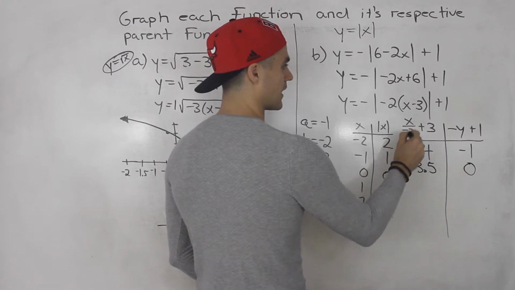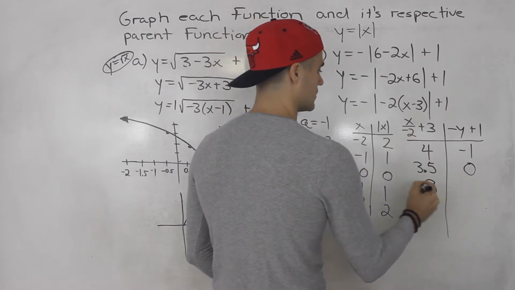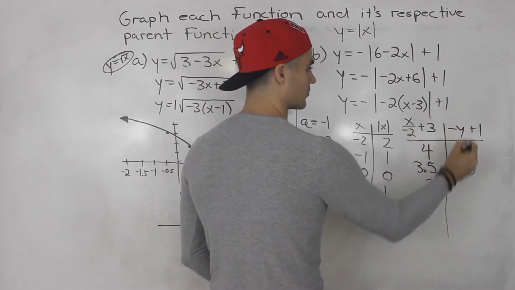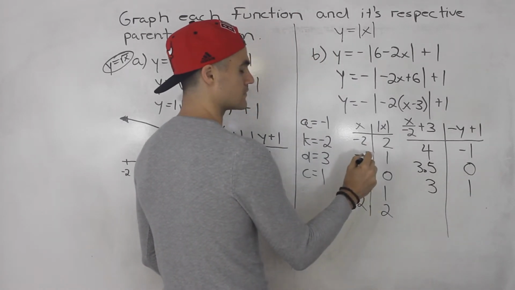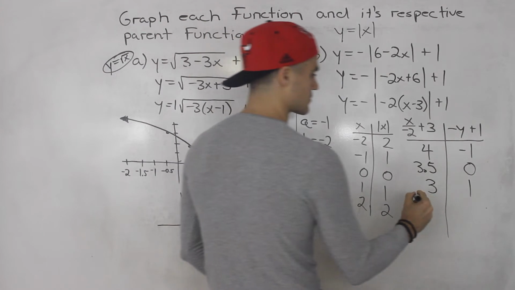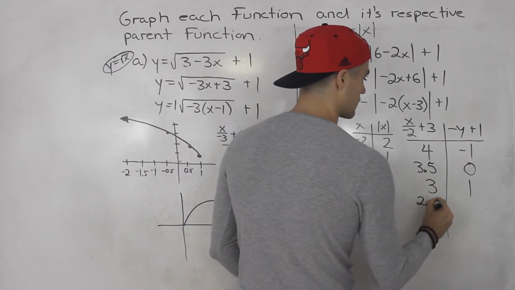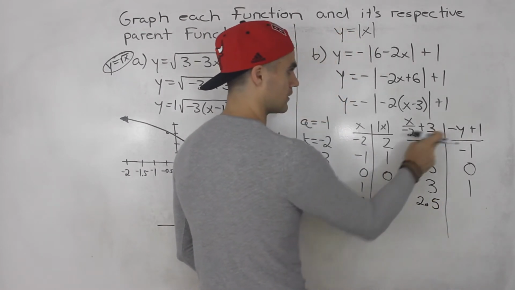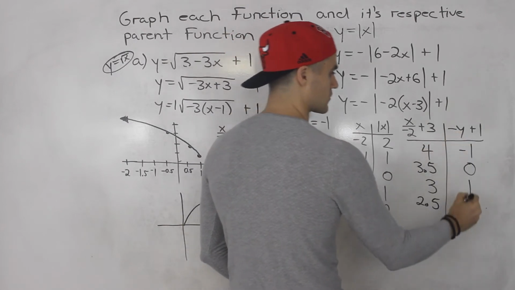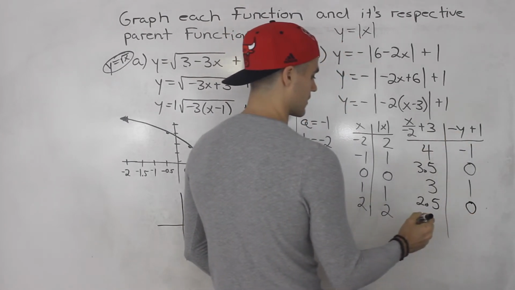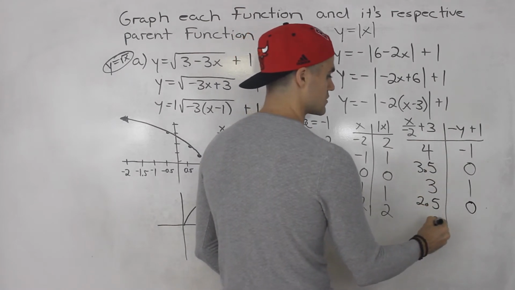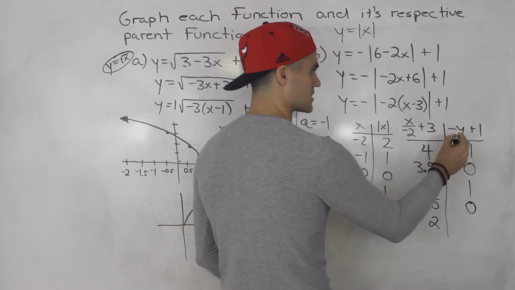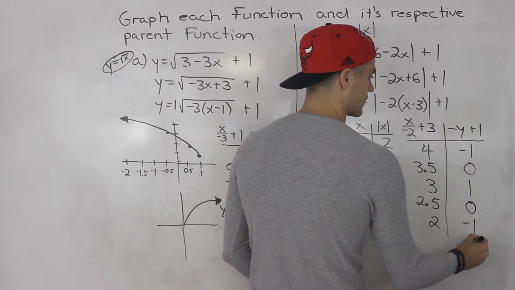Then 0 divided by negative 2 plus 3 gives us 3. 0 times negative 1 plus 1 gives us 1. And then 1 divided by negative 2 is negative 0.5 plus 3 gives us 2.5. And then 1 times negative 1 plus 1 gives us 0. And then 2 divided by negative 2 is negative 1 plus 3 gives us 2. And then 2 times negative 1 plus 1 gives us negative 1.